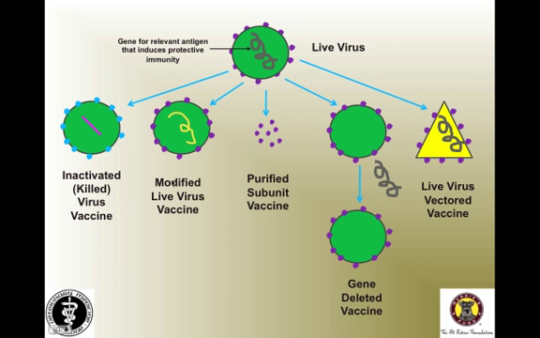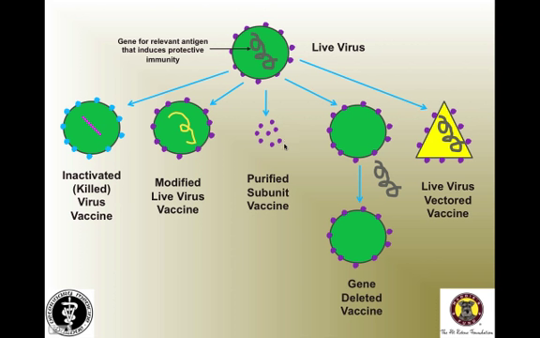Modified live vaccine, the DNA or RNA is still in there, but it's in a modified and severely weakened form. So when we give a modified live vaccine, we are in fact giving an infection with that particular infectious agent, but it is a very much attenuated infection.